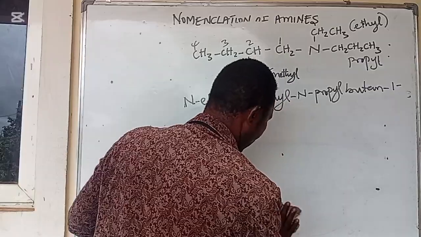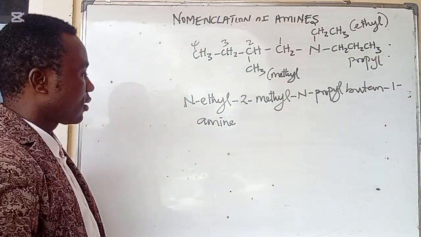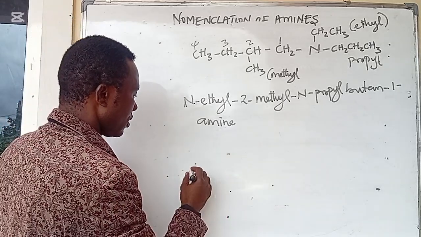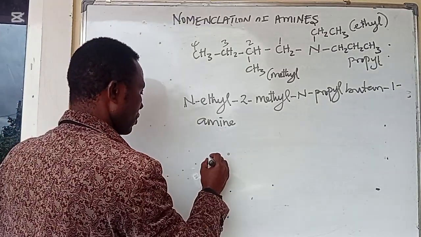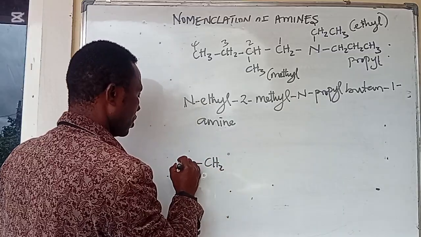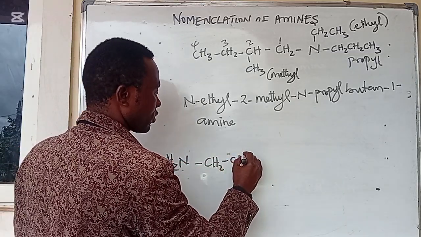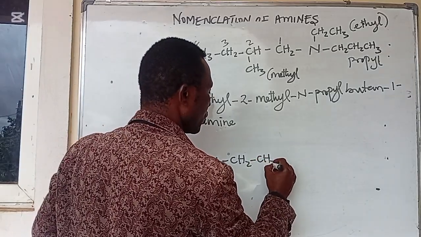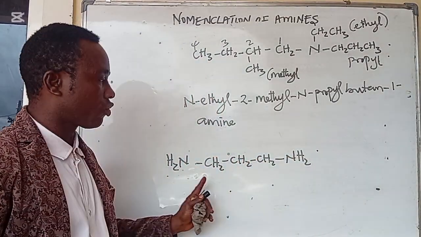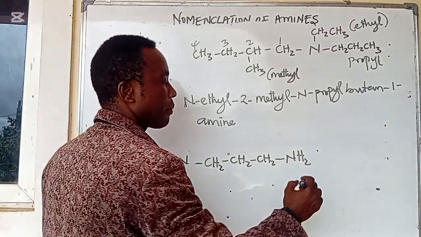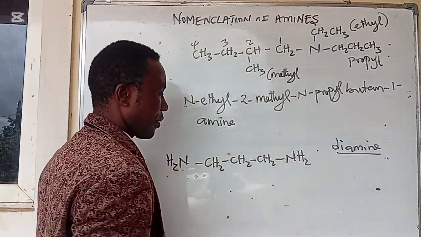Then we have other forms of nomenclature. For example, when you have 2 amine groups. Let's say you have CH2, then NH2. This is an amine group. Then you have CH2, CH2, then you have another amine group. Because there are 2 amines, you name them as diamine.